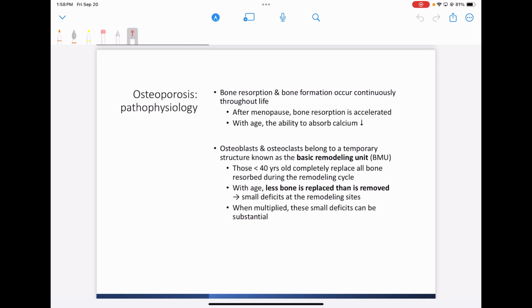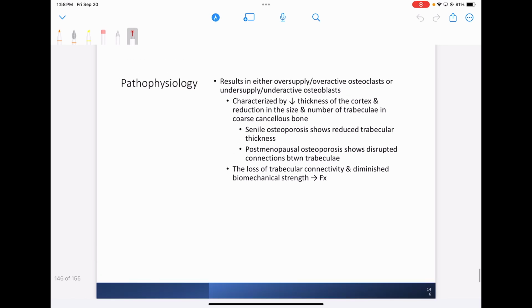Over time, these small deficits start to add up, and you get severe loss of bone mineral density. So again, oversupply, overactive osteoclasts, or undersupply, underactive osteoblasts. If they're equal, bone mass stays the same. When they're not, you get changes.